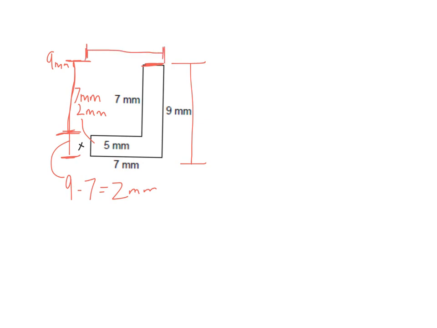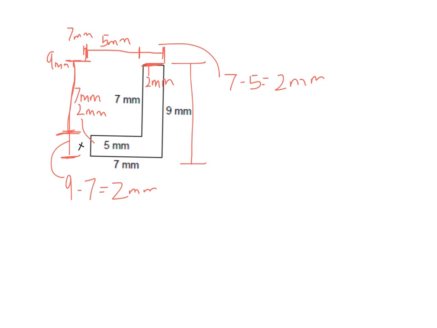And I know that from here to here is 5. So this is total 7 millimeters. This part is 5 millimeters. So to find that there, I'm going to do 7 minus 5, and that gives me 2 millimeters. So I know that this here is 2 millimeters.